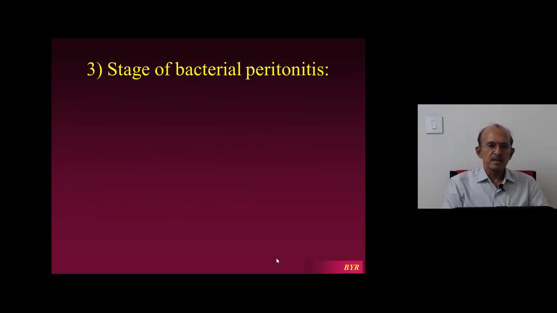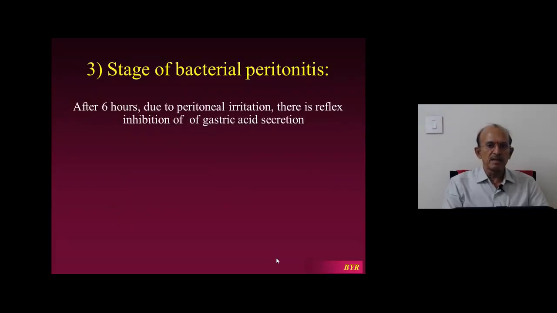Then the third stage is called the stage of bacterial peritonitis. After 6 hours, due to peritoneal irritation, there is reflex inhibition of gastric acid secretion. Initially, why is there no bacterial contamination of the peritoneal cavity? Though there is a perforation, the reason is that the gastric acid kills all the microbes.